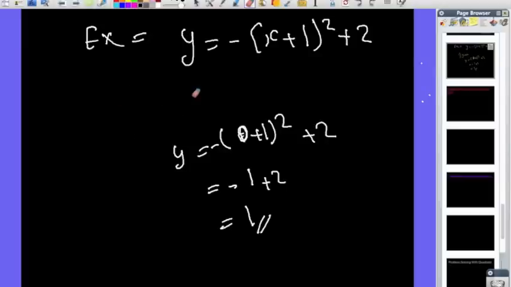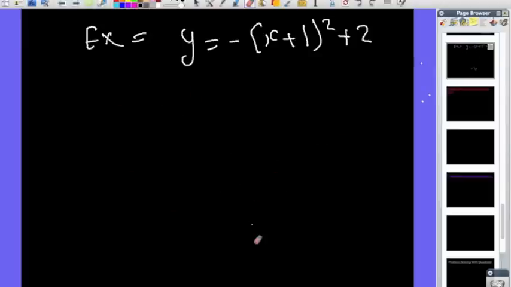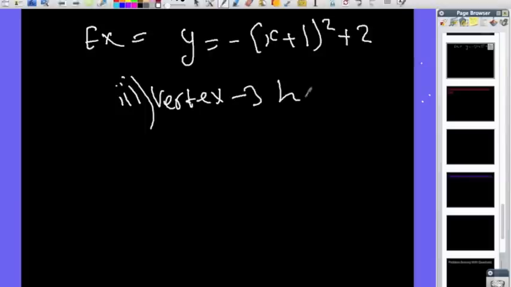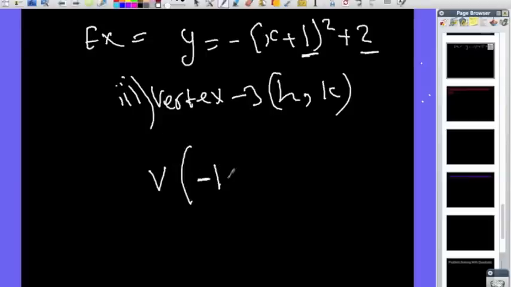Now let's take a look at how to find the vertex. I said here h and k give you the vertex. So here, this is h and this is k. So the vertex is -1 and 2.